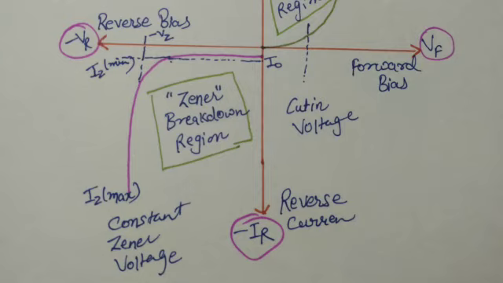If the diode is heavily doped, Zener breakdown occurs at low reverse voltage. On the other hand, if the diode is lightly doped, the Zener breakdown occurs at high reverse voltages. Zener diodes are available with Zener voltages in the range of 1.8 volt to 400 volt.